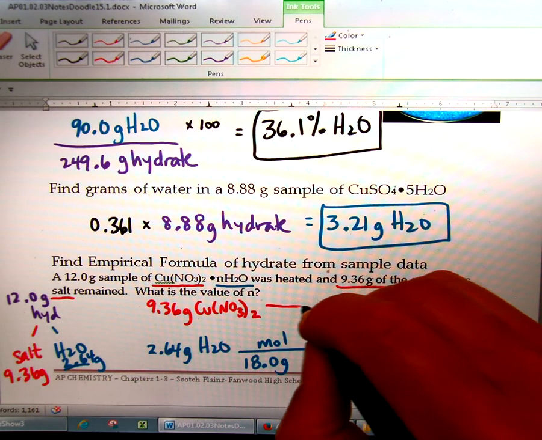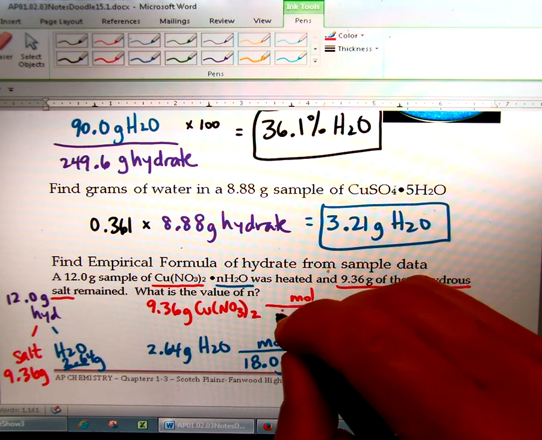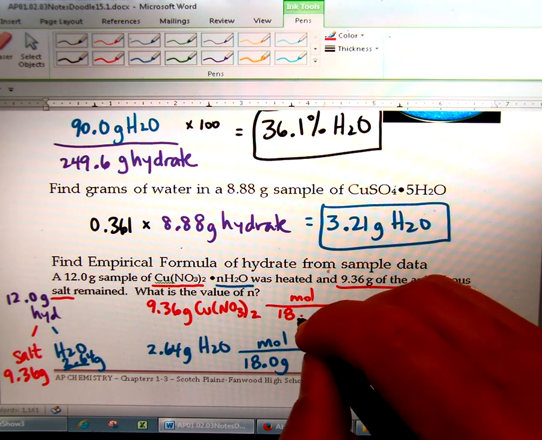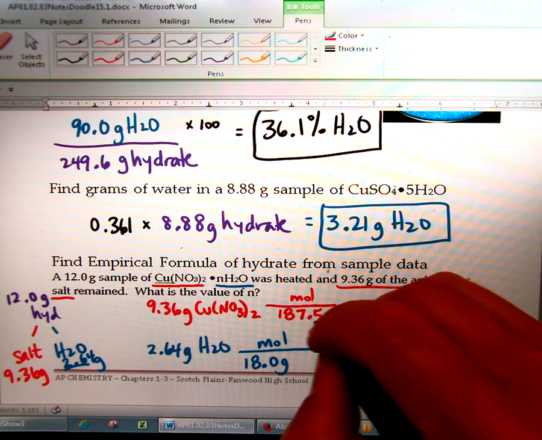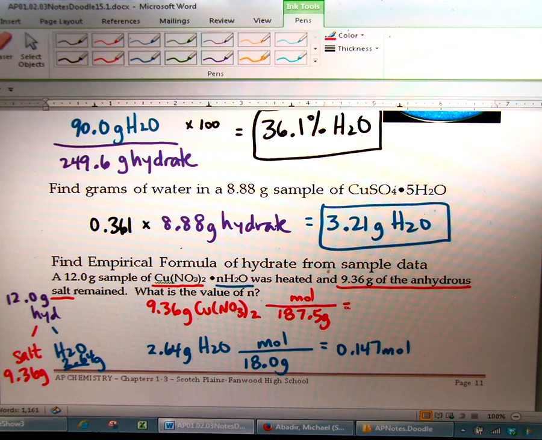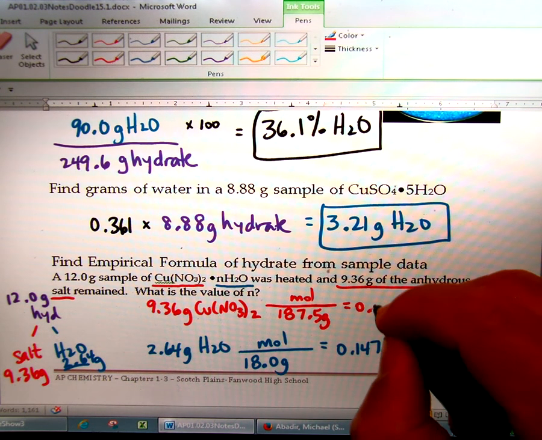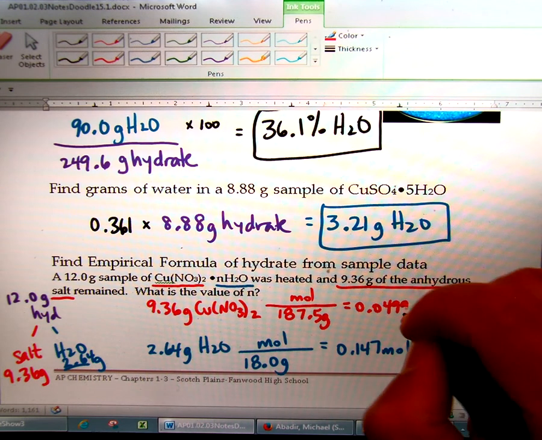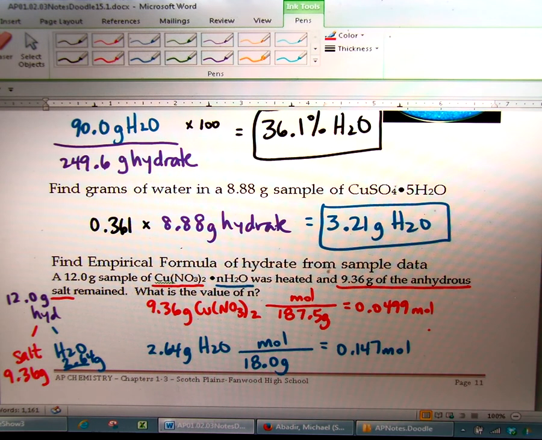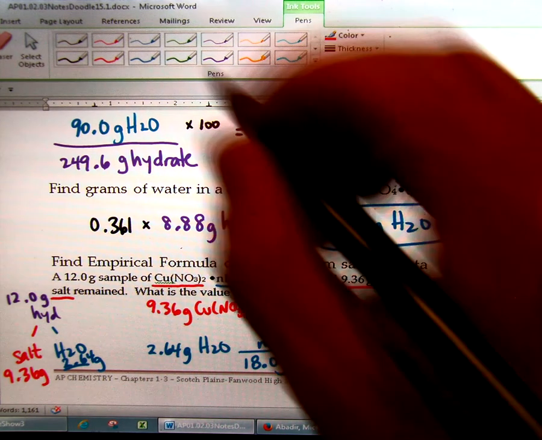So we're going to convert moles from grams, 187.5 grams. And we divide 9.36 by that number, and we get 0.0499, almost 0.5.